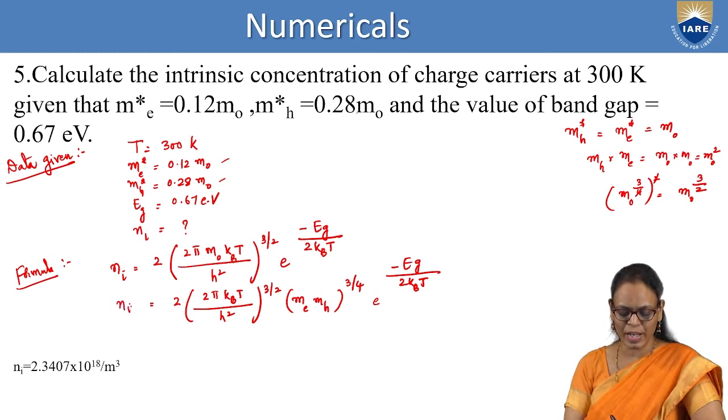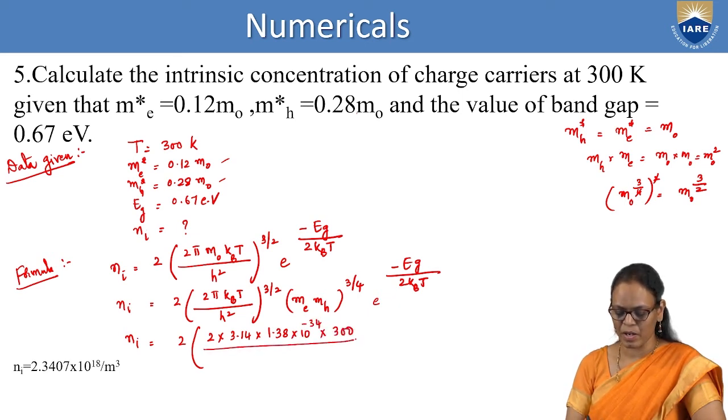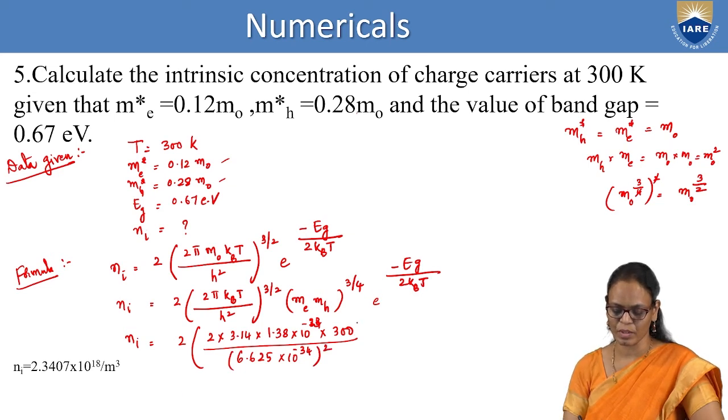So we can write Ni is equal to, do the substitution, 2 into 2 into 3.14 into 1.38 into 10 power minus 23 into 300 divided by (6.625 into 10 power minus 34) whole square, power 3 by 2.